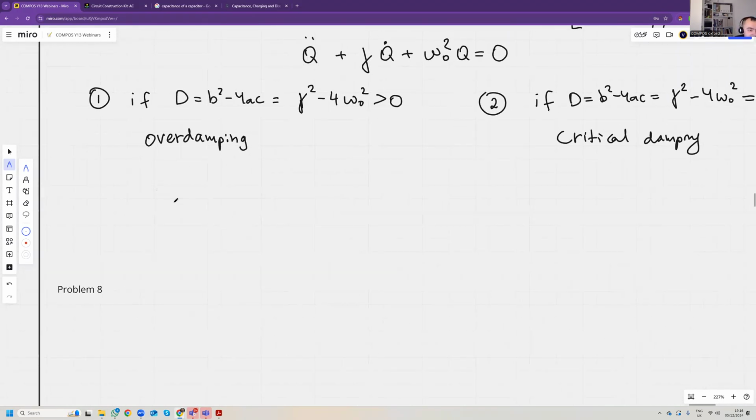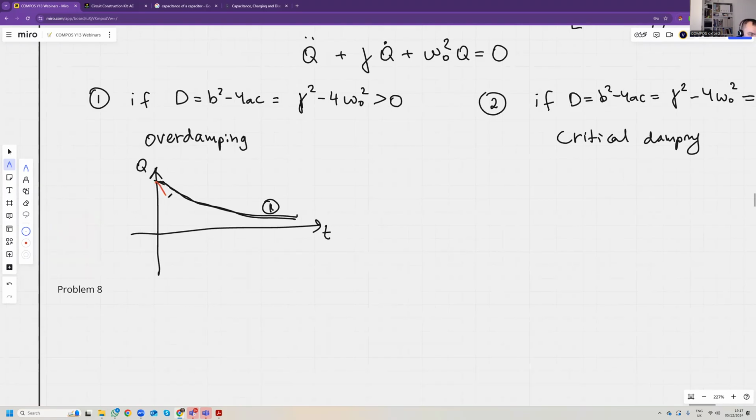So overdamping, as you might already know, looks like this. It takes a very long time. So if you plot Q against t, it just takes a very long time to discharge with no repeated motion. This is overdamping.